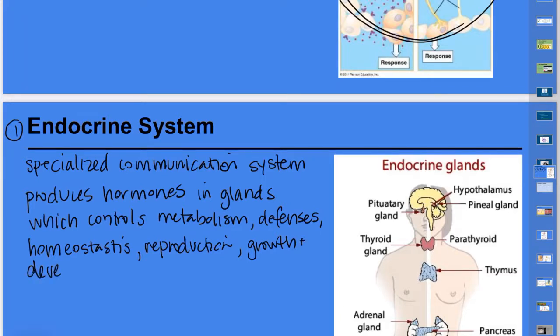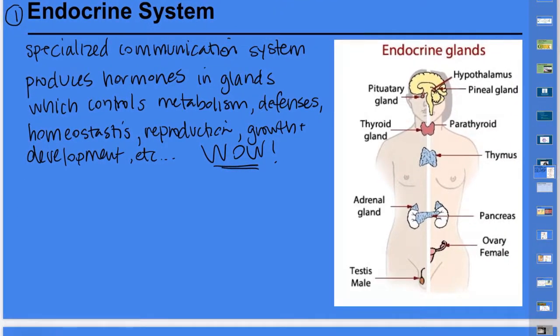It controls reproduction, those are our sex hormones. It controls both growth, getting bigger, making more cells, and also development, which is the formation of a multicellular organism from a single cell, and more. So we'll write etc., but that's a big wow. So it has control over many different parts of your body or multicellular organisms.